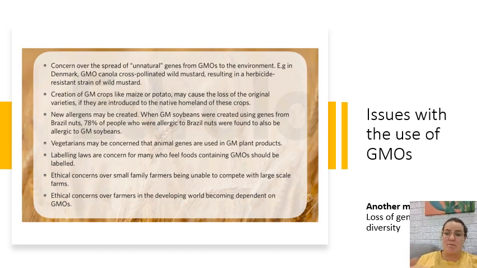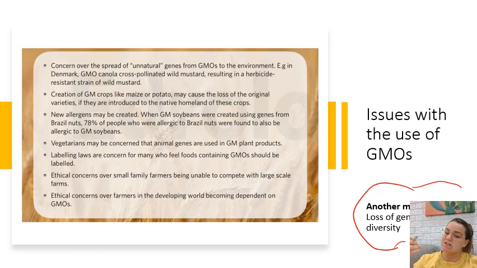So the biggest one, which you can't see because it's under my head here, is the loss of genetic diversity. So if we're modifying genomes to create crops that do exactly what we want them to do, it means we've got this big monoculture. And so you've got this monoculture full of produce and plants that are all genetically identical.